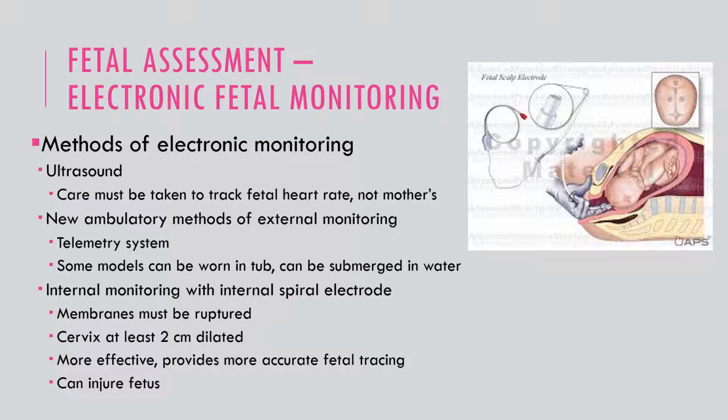But it can injure the fetus because it is a tiny little spiral wire that's actually just twisted into the scalp, so it can potentially cause infection in the baby. And if you place it into a fontanelle or an eye, that's obviously not good. So you have to be sure you know where you're putting it. Nurses are able to do this with training.